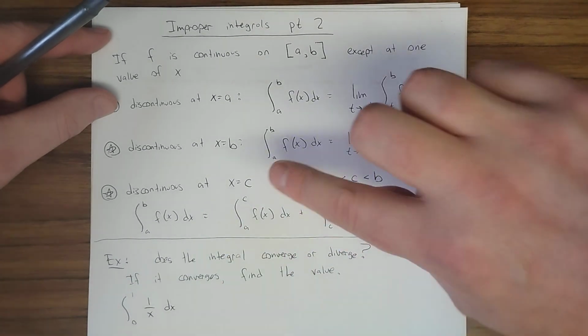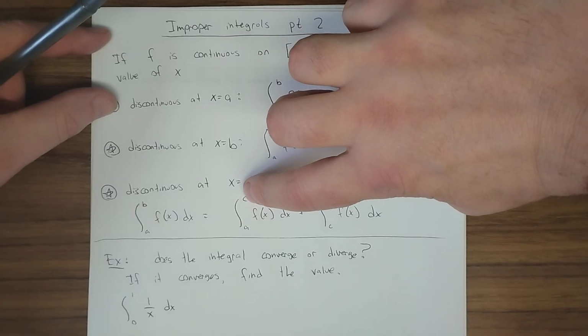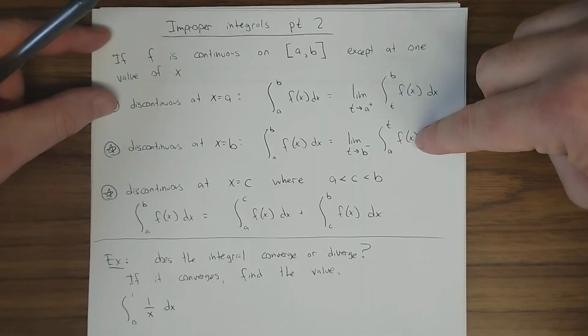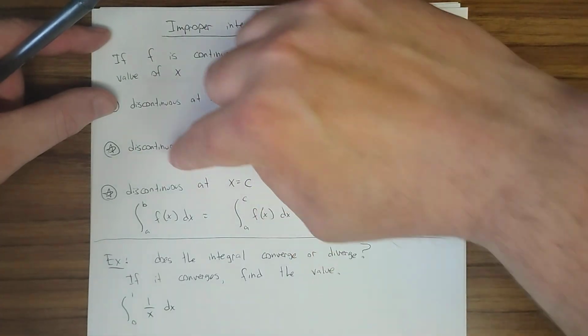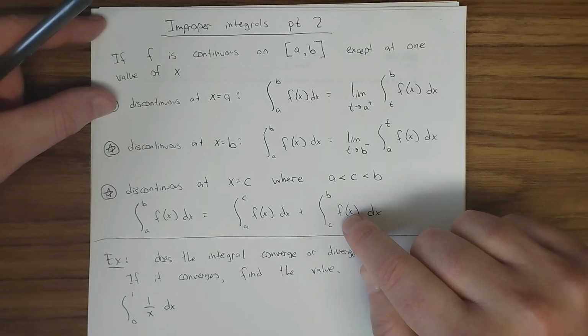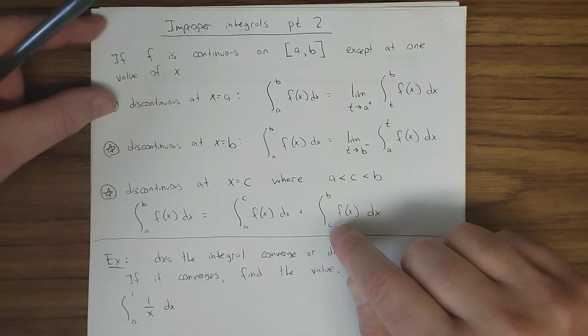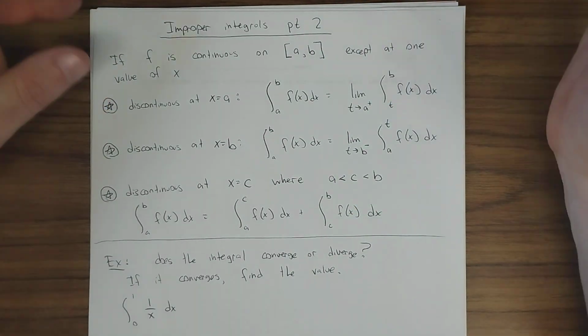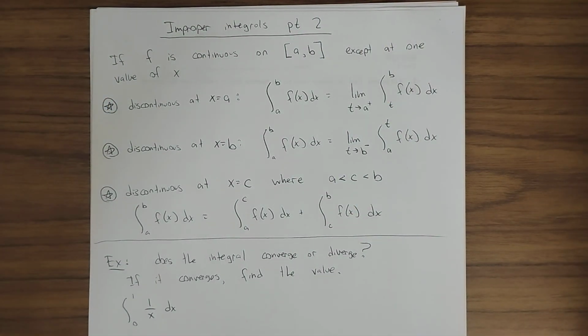This one has a discontinuity at the upper end, so this is like this type. So I would evaluate this one this way. This one has a discontinuity at the lower end, so that's this type. So I would evaluate this one this way. But as long as we know how to do that, we can get the job done. All right.